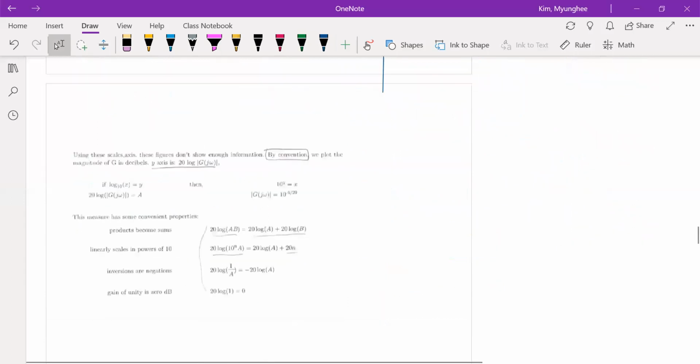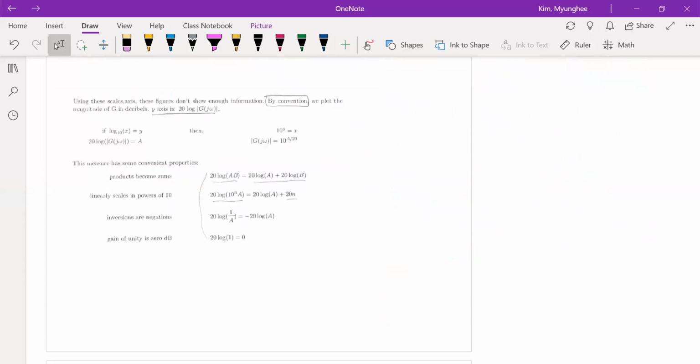And then also log has several good properties, such as the multiplication becomes addition. This is very important. It means that if you have something like a second order or third order system, it simply becomes a multiplication. Let's say you have s plus a.